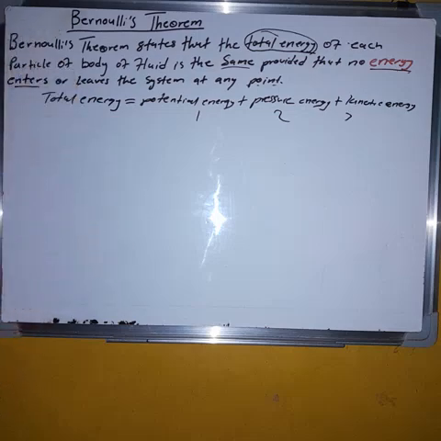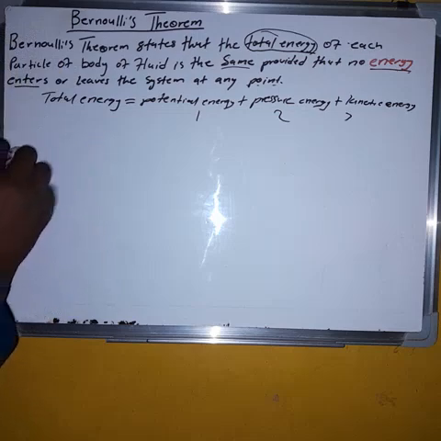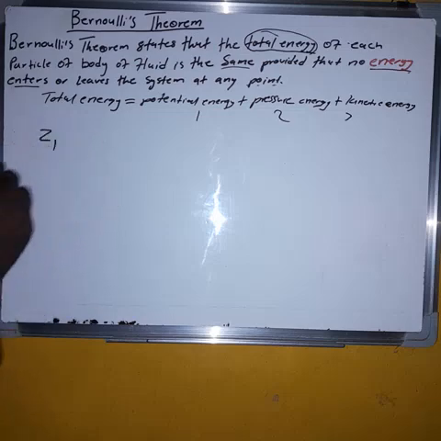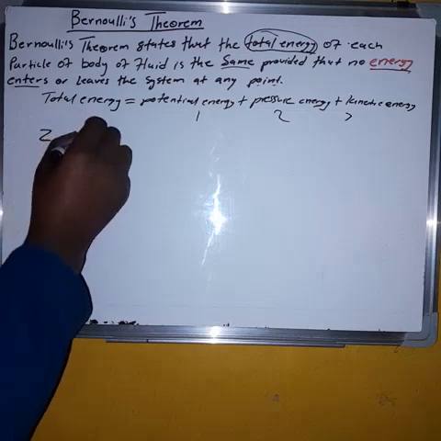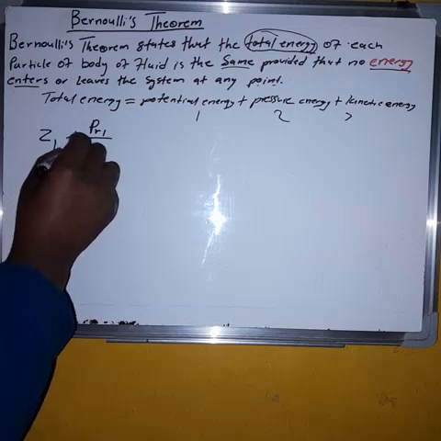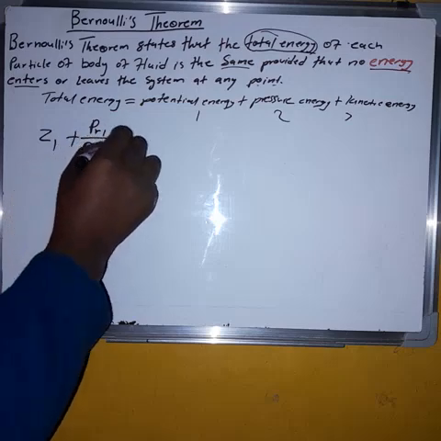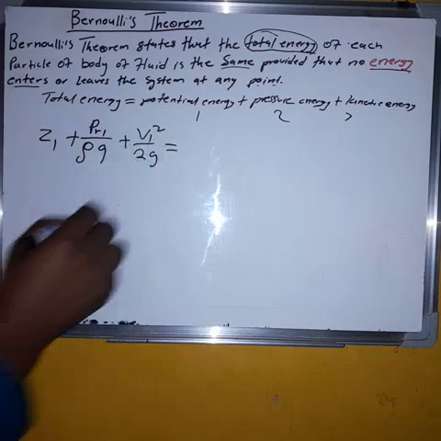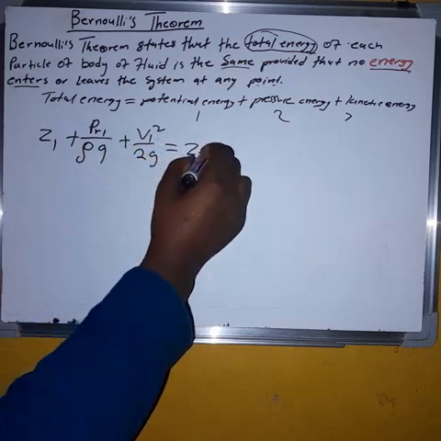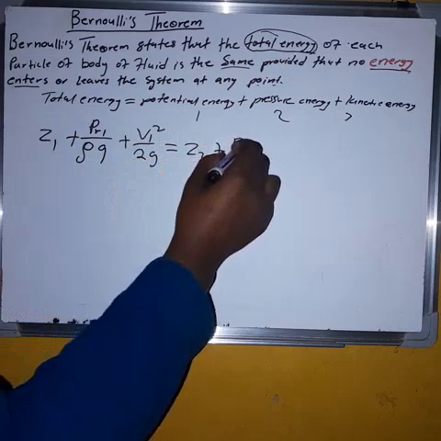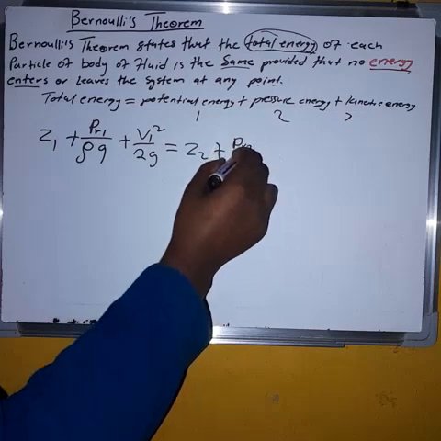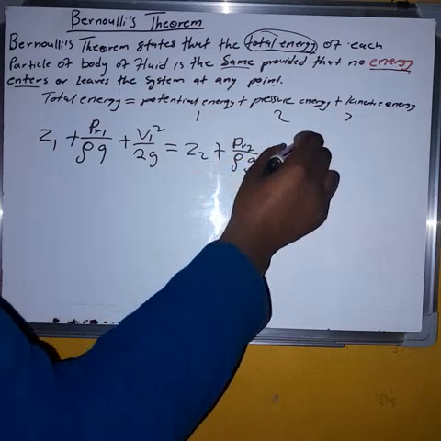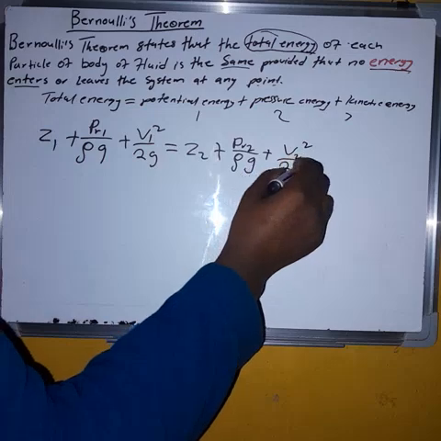The formula for Bernoulli's is Z1 plus P1 over rho g plus V1 squared over 2g, equal to Z2 plus P2 over rho g plus V2 squared over 2g.